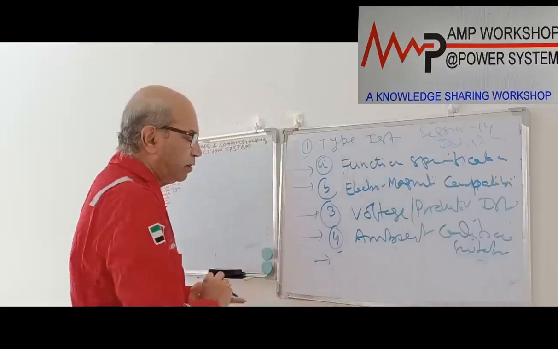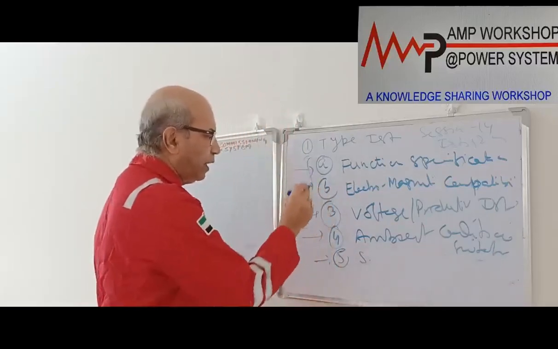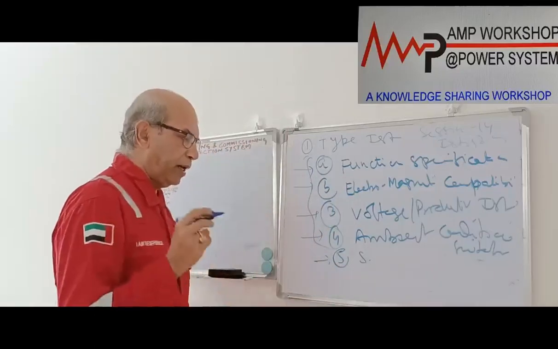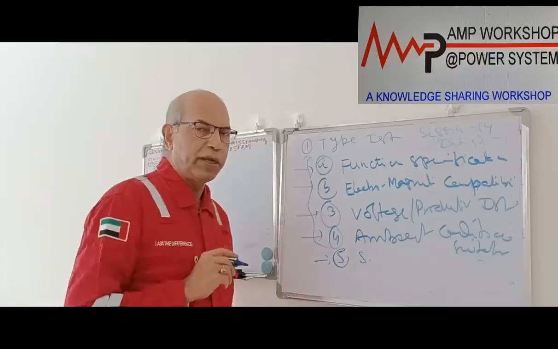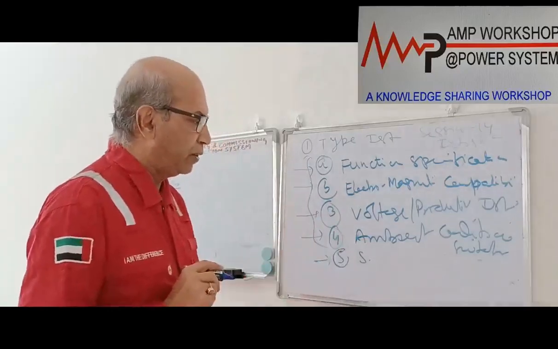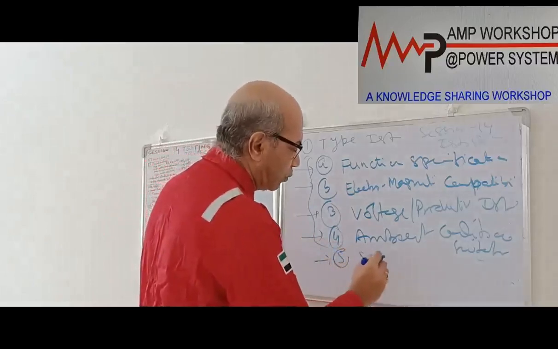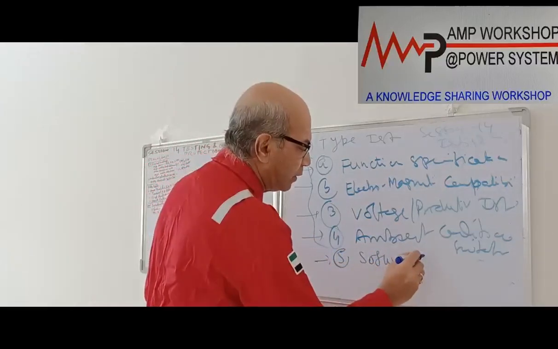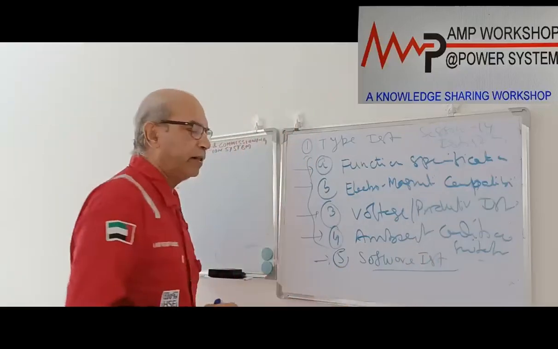In addition to this, we do a software test also. These four are for the electromagnetic relay, but in the case of a numerical relay, in addition to these four tests, we also do the software test. Software also needs to be tested under the type test.